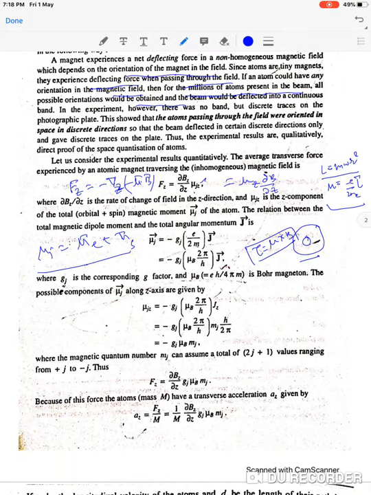Now let's discuss the value of mu J. Mu J is minus gJ e by 2m times J, where the ratio is mu J by J, and g is the Landé factor. The Landé g factor is 1 plus J into J plus 1 and so on, upon 2J into J plus 1. We actually calculated this, right?